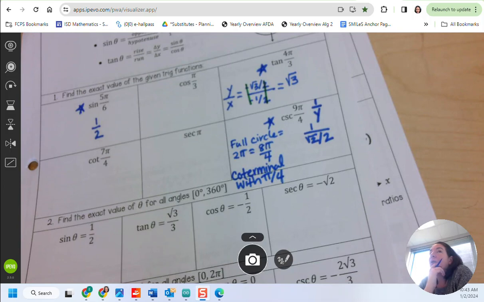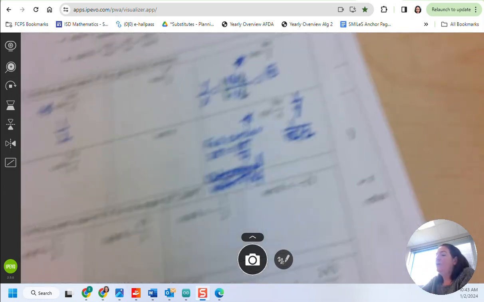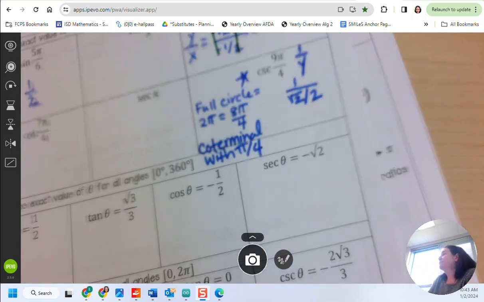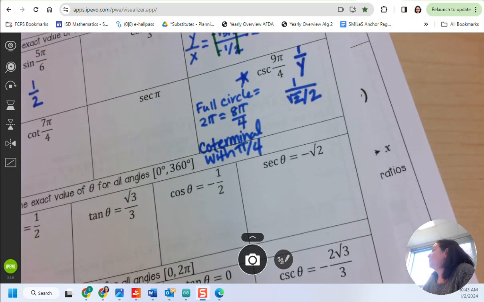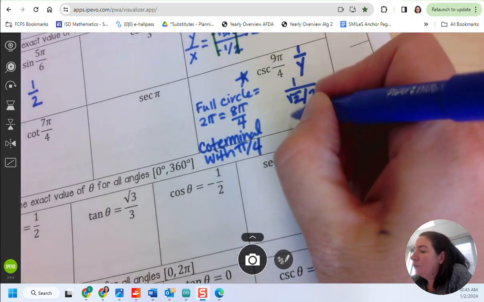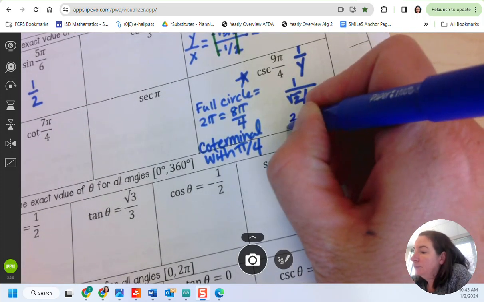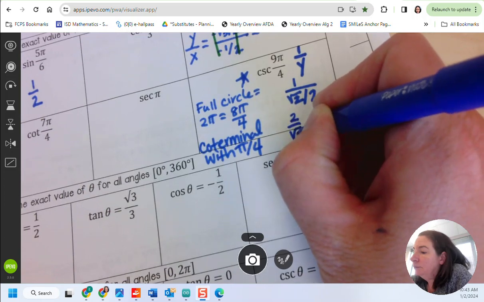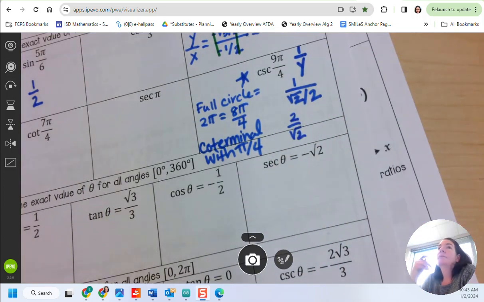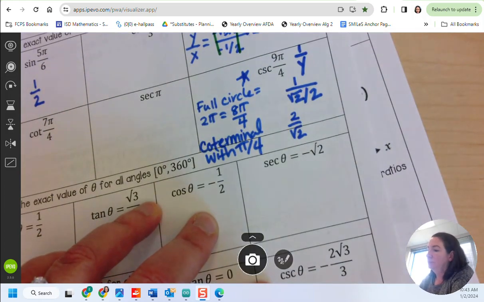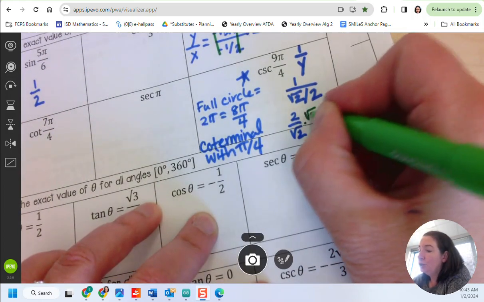So the first step I would say would be to simplify 1 over root 2 over 2 to be 2 over root 2. 1 over just means reciprocal. And so this becomes 2 over root 2. And then we can't have a radical in the denominator, so we rationalize by multiplying by root 2 over root 2.